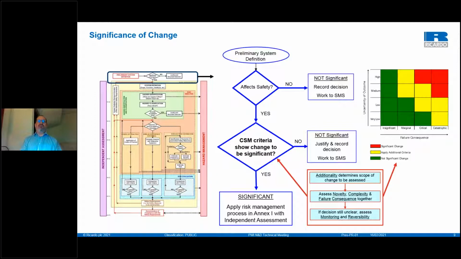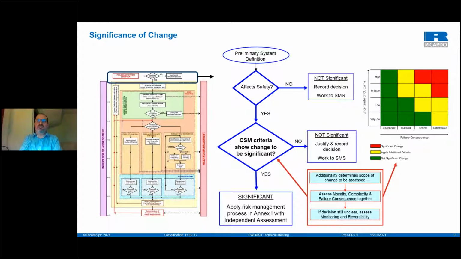Okay, so mostly you wouldn't be able to do that. So you'd need to do some sort of significance test, which is the matrix you see there on the right-hand side. That's from the ORR guidance, which is just one means by which you can undertake a significance assessment.